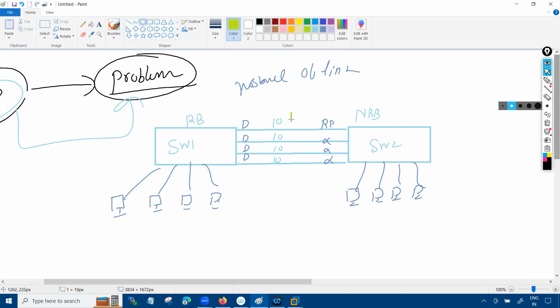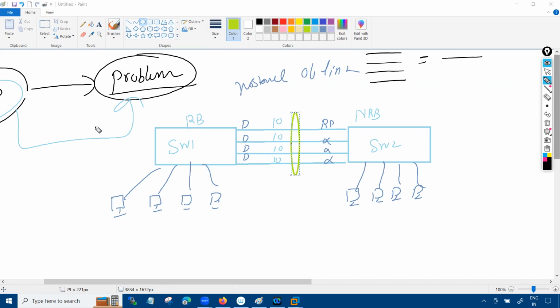I can convert all these 4 links into a single link. Aggregation is converting into one, summarizing it. So if you have 4 links, link number 1, link number 2, link number 3, and link number 4, I will convert them into a single link.